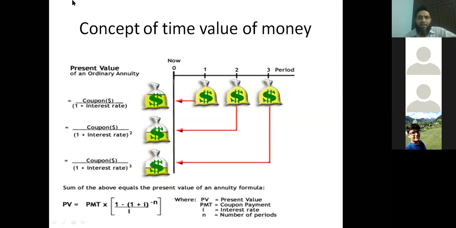Whatever you are getting now, the present value of income, has more value. Whatever you are getting after 2 years, due to inflation, value of the money will decline. So all future earnings you have to discount.